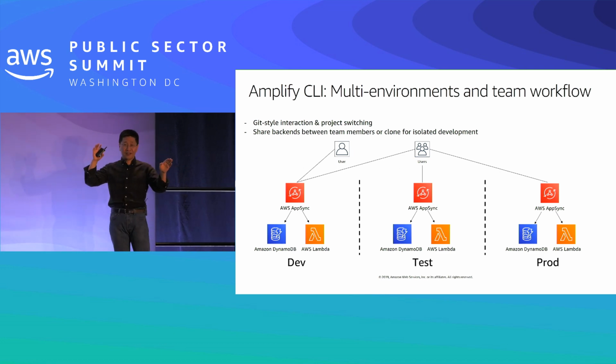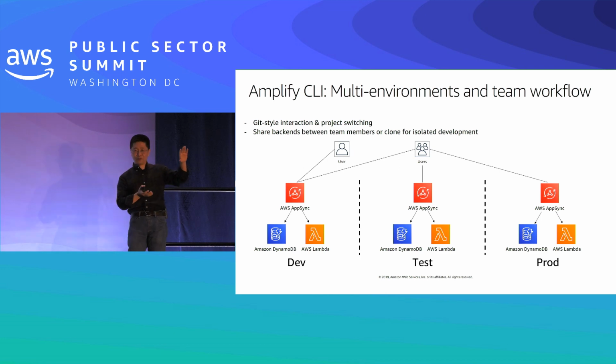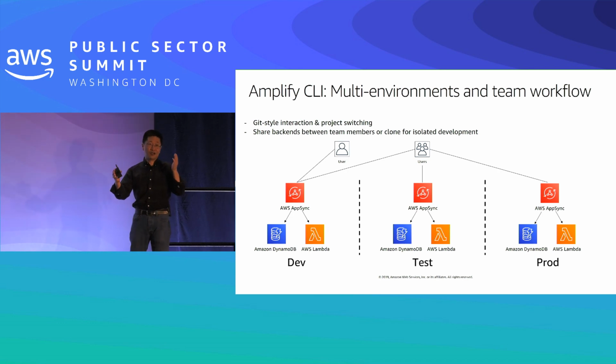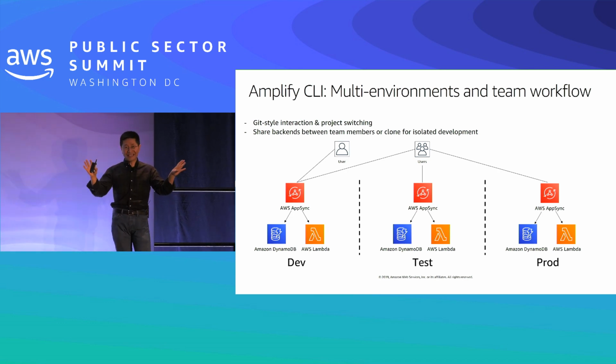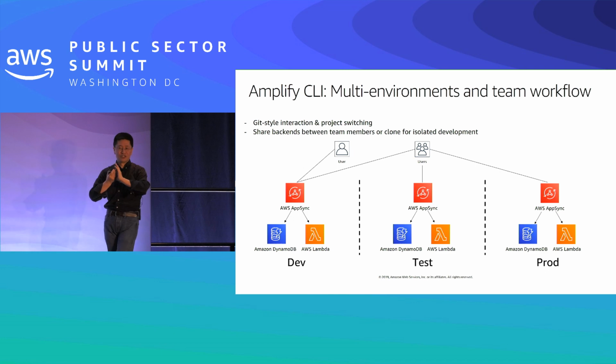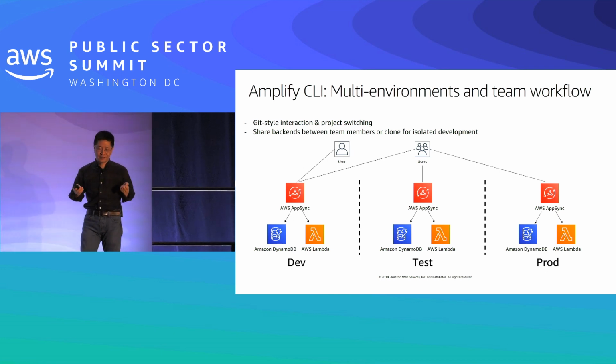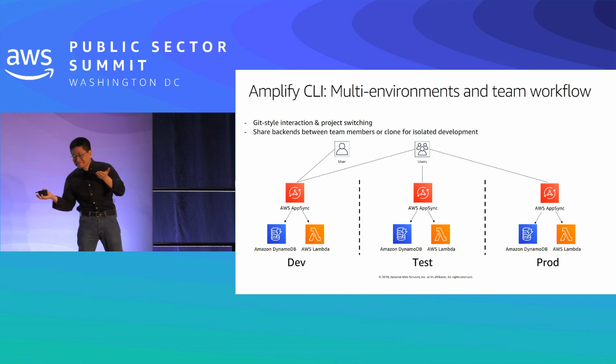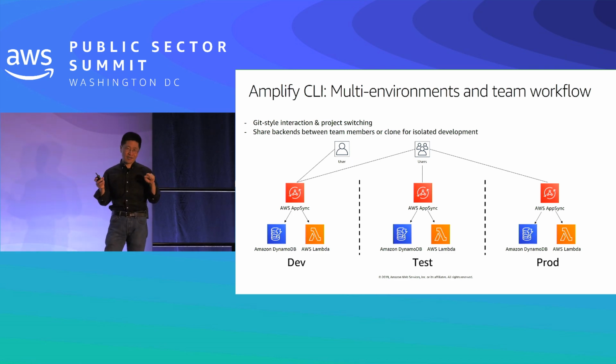You can have different environments mapped to those branches. Then people can add different capabilities or features to the applications, and do testing or development simultaneously. When they finish, they can merge them together and deploy to production. So it gives you a lot of flexibility and capability to move really fast.